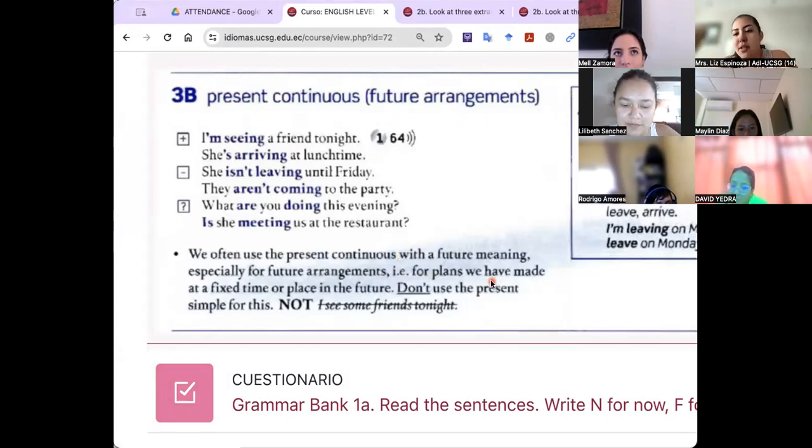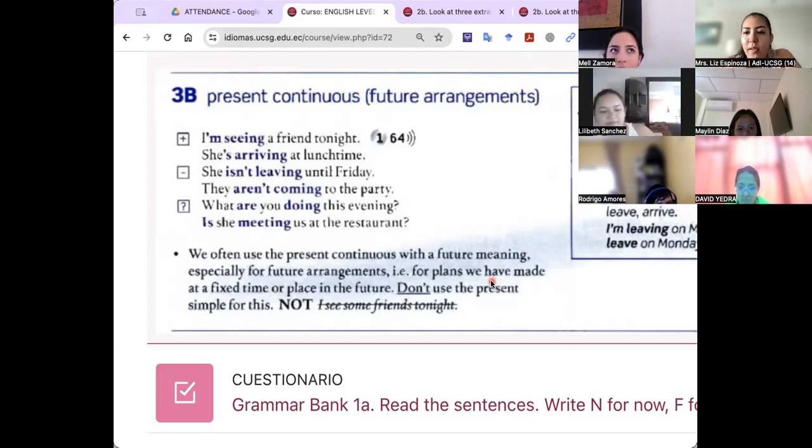It's not like yesterday with be going to, where you say, I am going to study medicine in two years. No, it's not a plan for years. It's a plan that you have fixed, a place, a time in the future, but a really close future. Tonight, tomorrow, this evening, this afternoon. When I say close future, es futuro cercano. That is a future arrangement.